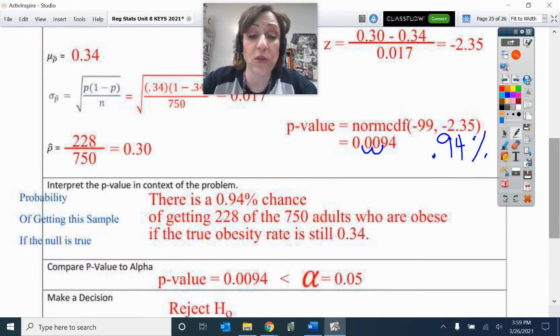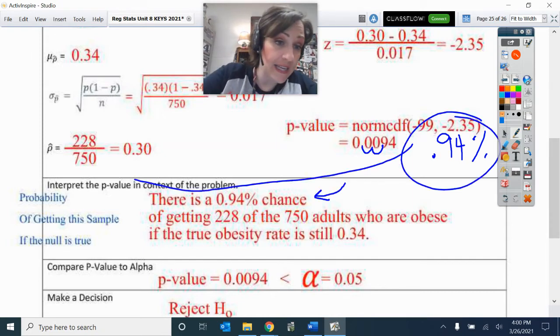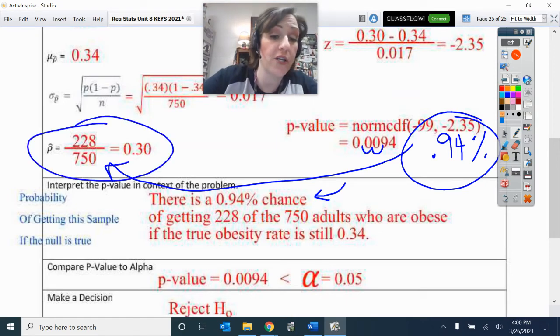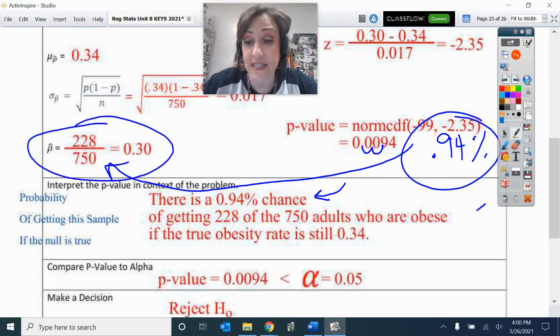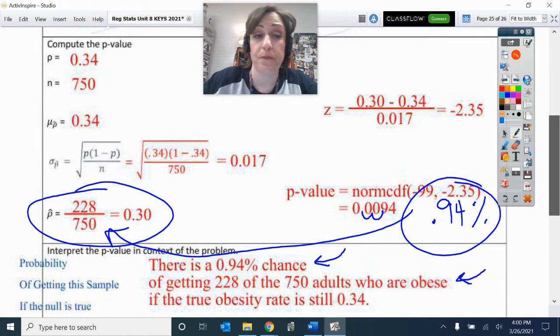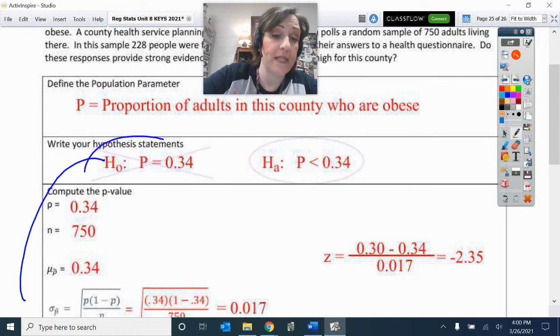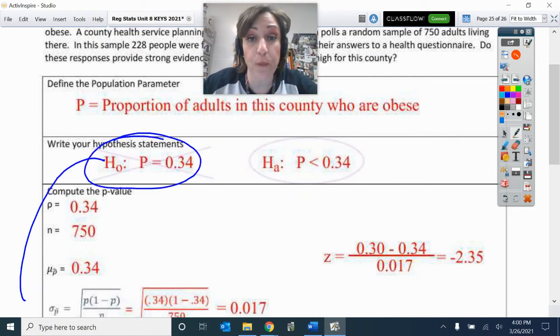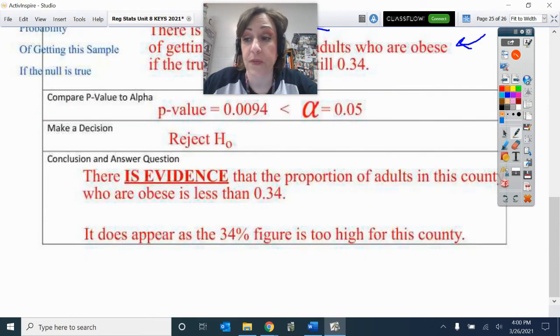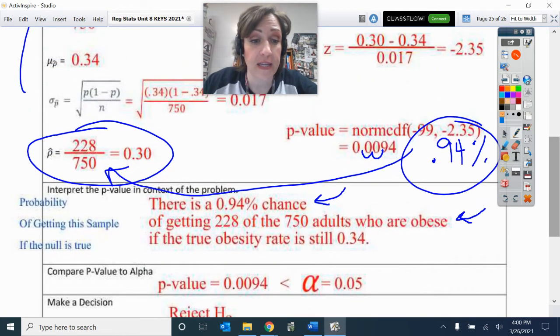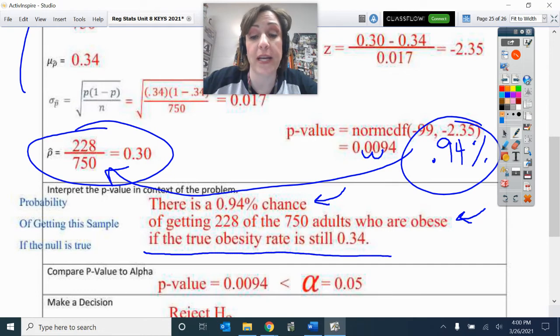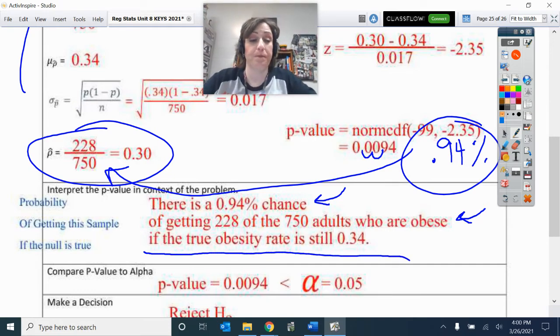So there is only a 0.94% chance of getting this sample result, 228 of the 750 adults who are obese, if the true obesity rate is 34%. So that's what I wrote there, if the true obesity rate in the county is 34%, like the rest of the nation.